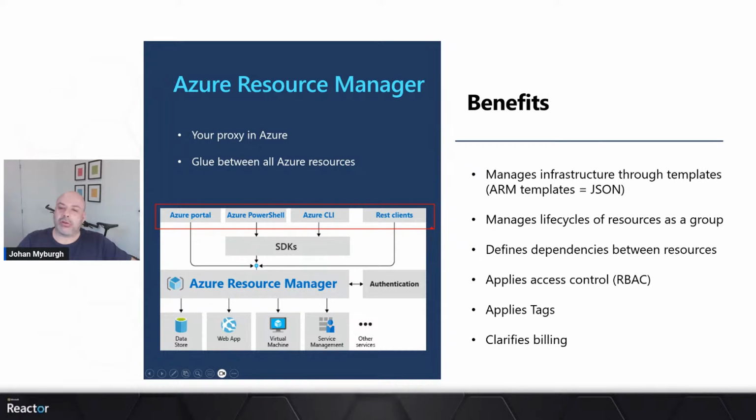It also is cognizant of dependencies between resources, right? So the Azure Resource Manager is quite comfortable with your ARM template, which is essentially the infrastructure as code that you might use to deploy your resources. It's quite comfortable for you to define dependencies between the resources. For example, I might want to deploy a web application with a backend database.